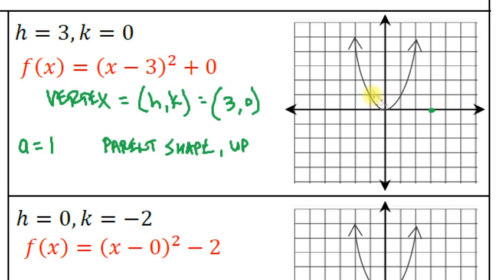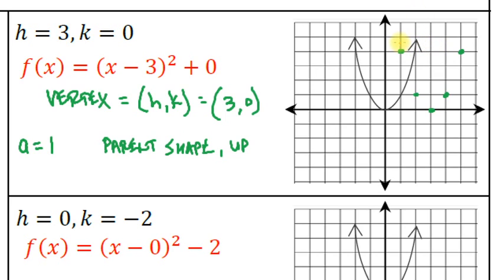So I'm going to go ahead and do my best to duplicate this. The easy way to draw the parent graph, by the way, is to start with a vertex. If you're going to go up, you go over 1, up 1, and then over 1, up 3. Over 1 to the left, up 1, and over 1 to the left, up 3. That will give you your parent graph.